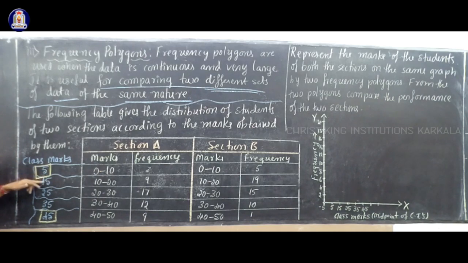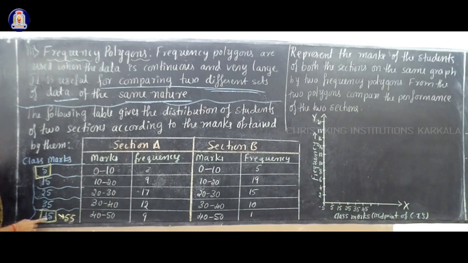So what will be the next class mark of 45? 45 plus 10 is 55. That is the next class mark after the last class mark in the table.